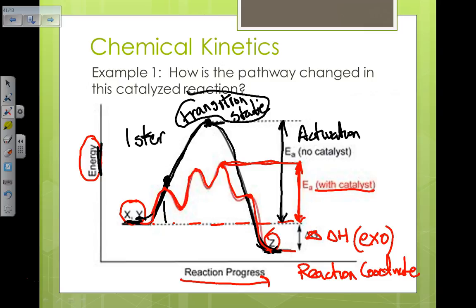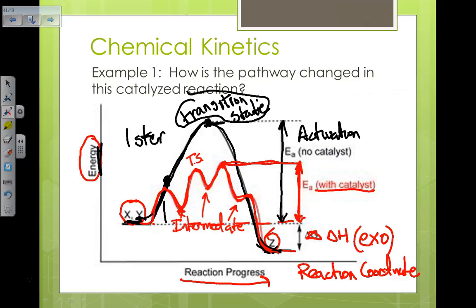Then it's going up here through a transition state and into a low energy state, through another transition state and down to a low energy state, through a transition state and then down to the products. So the transition states are still at the top, but what do you think this low energy state is? Yeah, that's an intermediate. The intermediates are all of these bottom humps that end up happening.